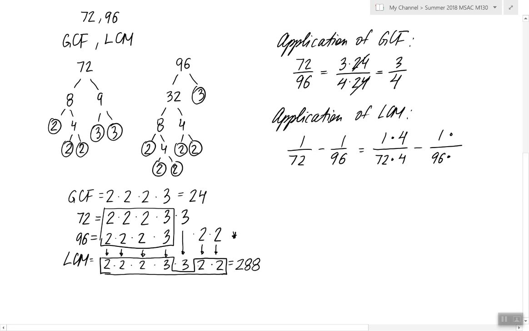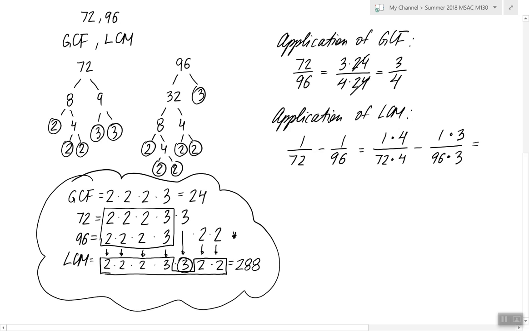So this suggests that 96 has to be multiplied by 3 to become 288. So there's no need here to perform any division or multiplication to double check. You just look at the prime factorization of the numbers and their common factor or least common multiple to answer all of the questions about what to multiply by or what to reduce by. So all the answers are in this area.